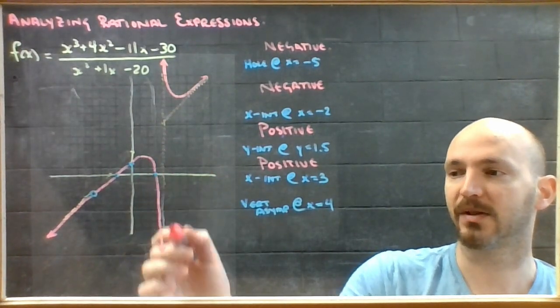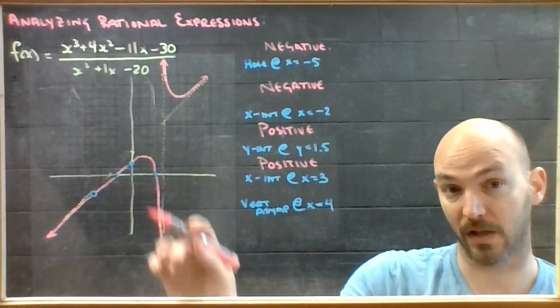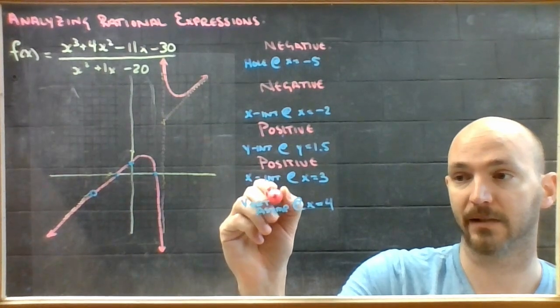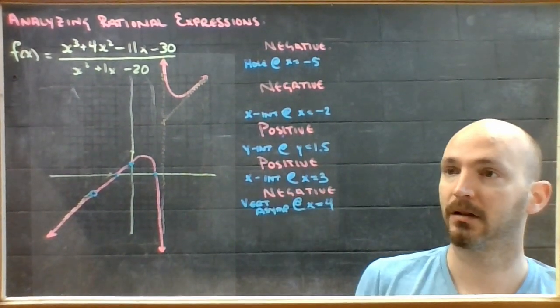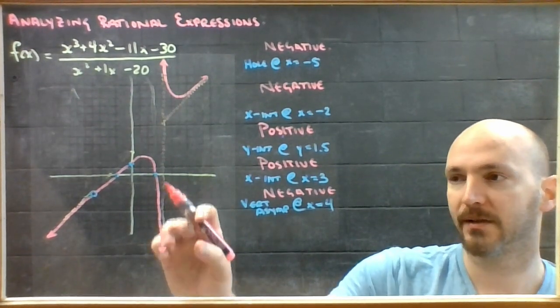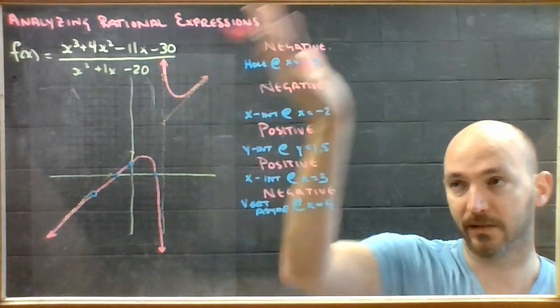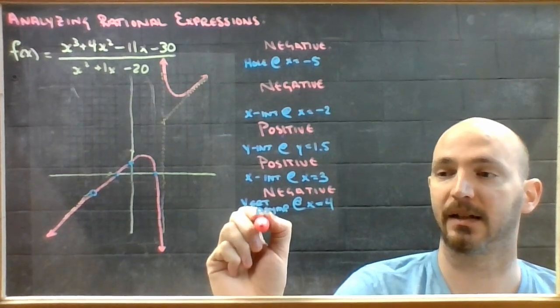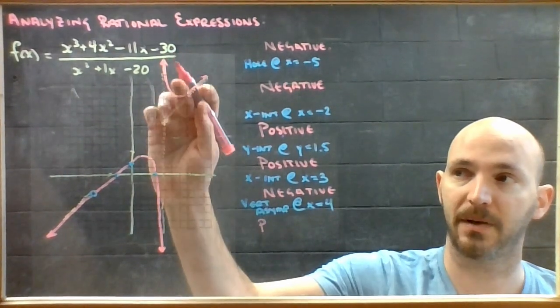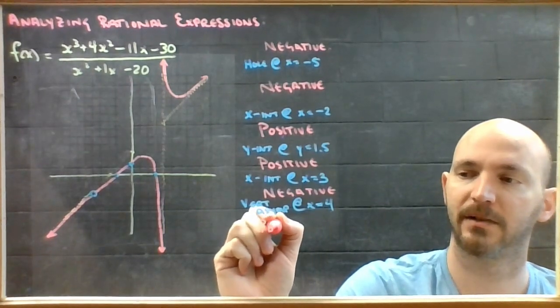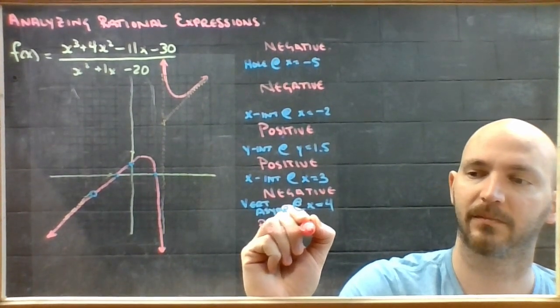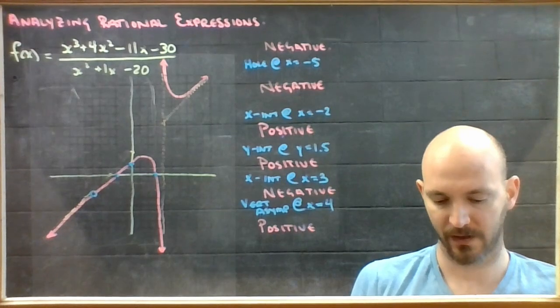Between this x-intercept and the asymptote, it has gone under the axis again, so it's negative. And between this asymptote and the rest of infinity, it is above the x-axis, right? It's up here and it turned around and it's flying away. So it's never coming back. It's nice and positive. All right.